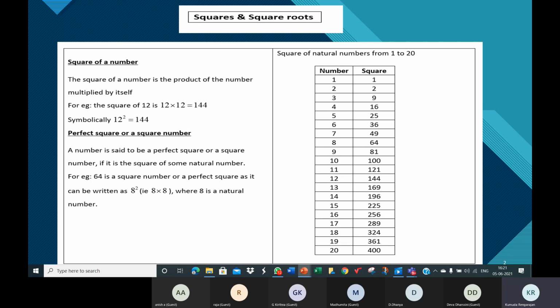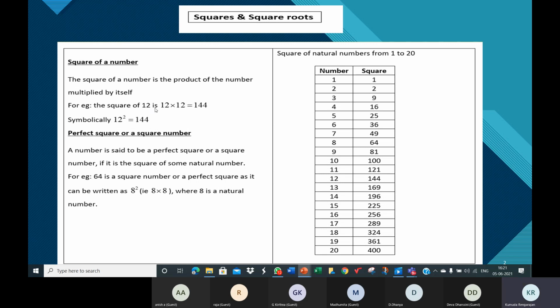Now the next term, perfect square or a square number. What do we understand by the term perfect square or square number? Oh, before that, I think I missed this. Symbolically, children, how do you write it? Symbolically, 12 squared is equal to 144.